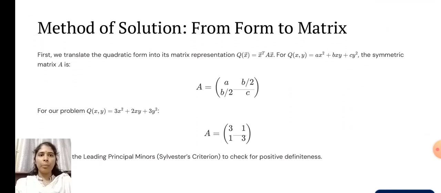Here the method of solution will be, first we have to convert the equation into matrix form. For that, if we have an equation ax square plus bxy plus cy square, it can be converted into the matrix A equal to [a, b by 2; b by 2, c].